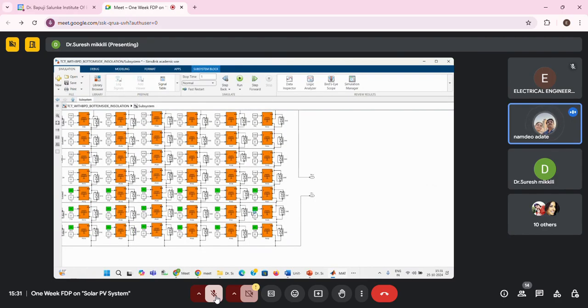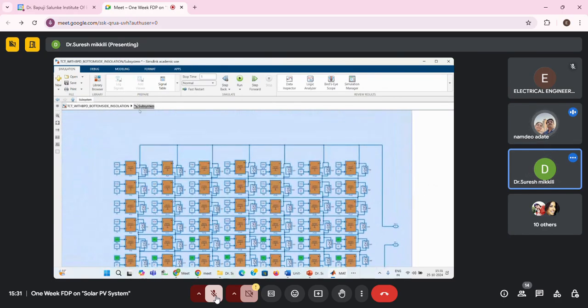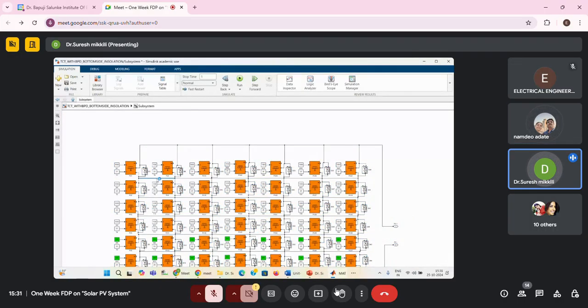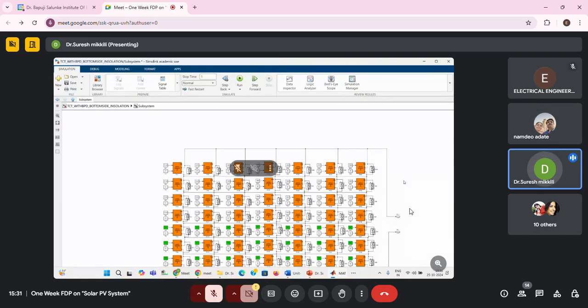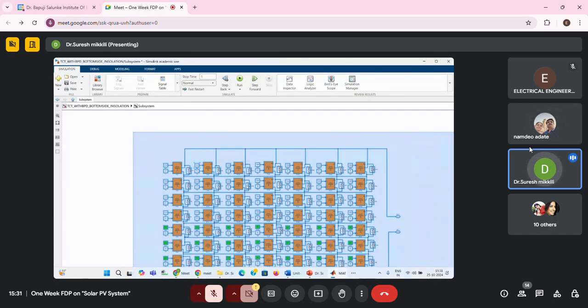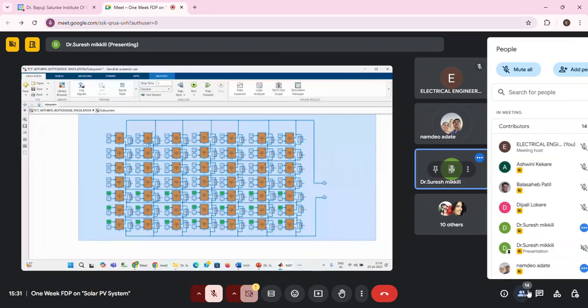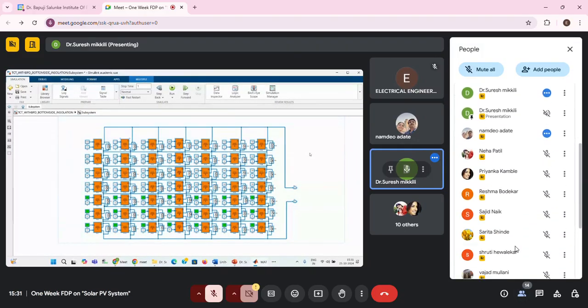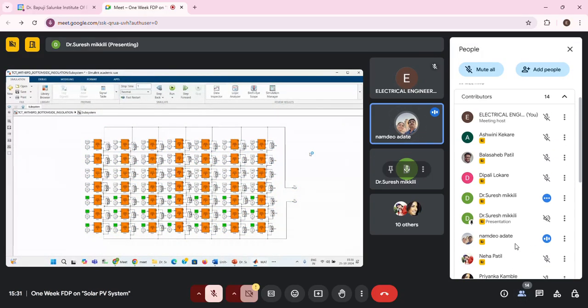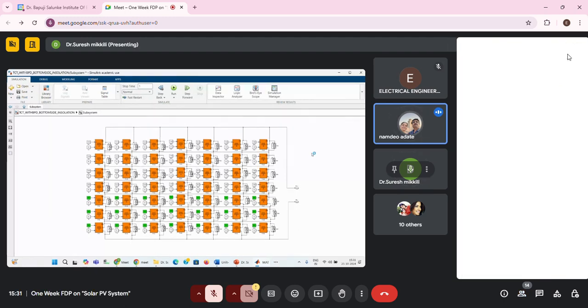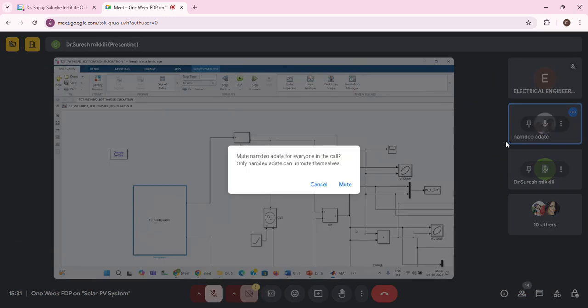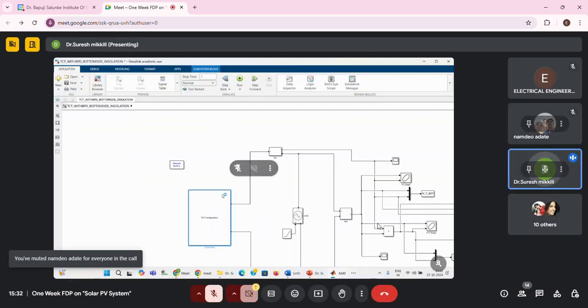TCT model, total cross tied. In the total cross tied structure, all the modules will be connected. Now here, what I have done is I have taken a lower shading condition. Then the output of the IV and PV curves will be taken.